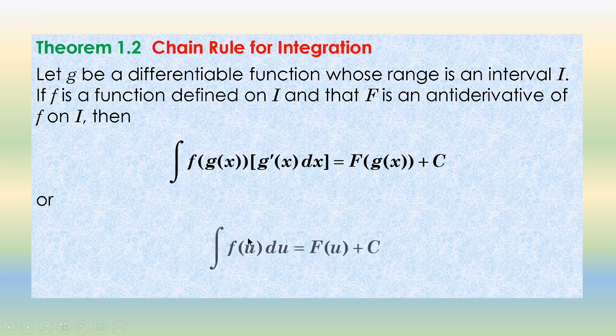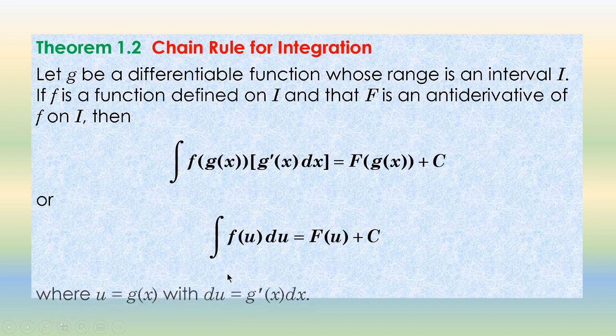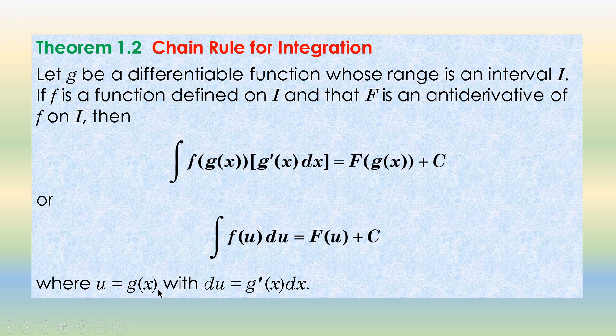Or the integral of f of u du is equal to big F of u plus c, where u is equal to g of x with du equals g prime of x dx.